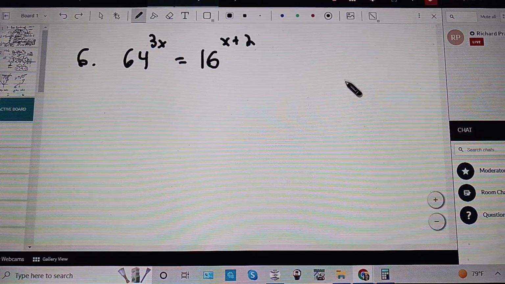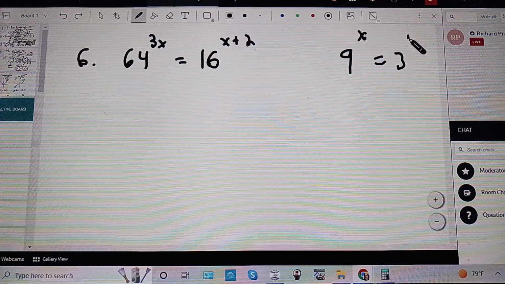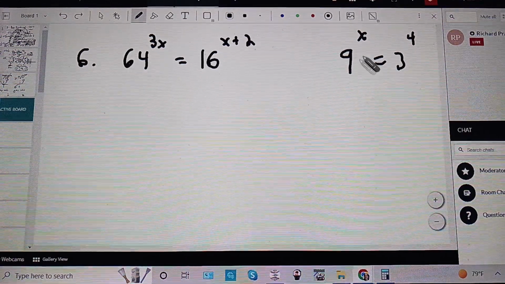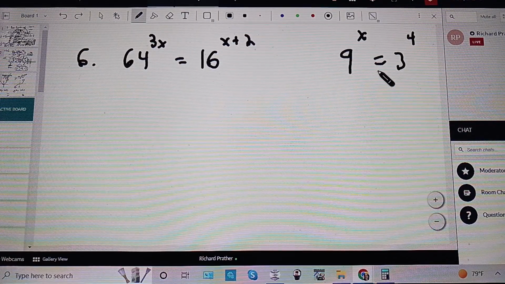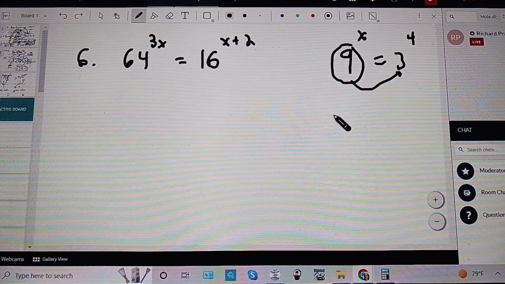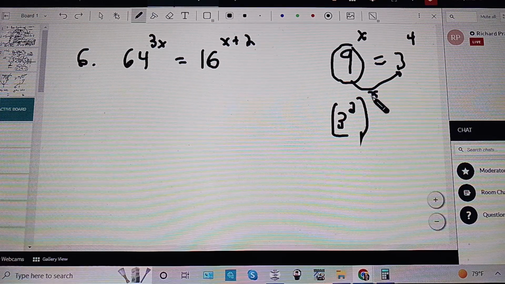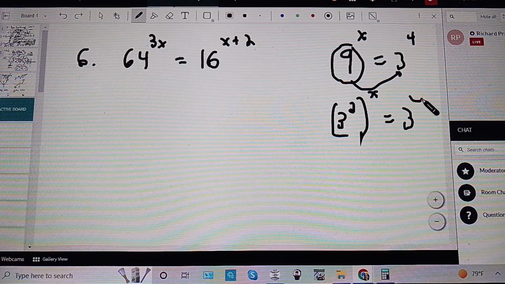So let me give you a smaller example. Say you had 9 to the x equals 3 to the 4th. It's making something up here, but say this was your 2 bases, 9 and 3. It's possible to make 9 look like a 3 because 9 is 3 squared. And then you have the rule of exponents where you multiply the exponents.